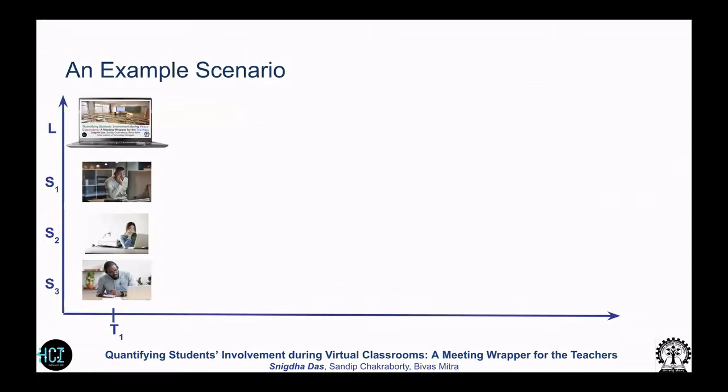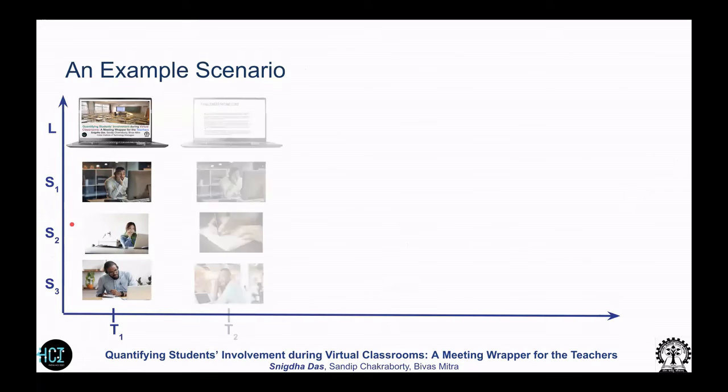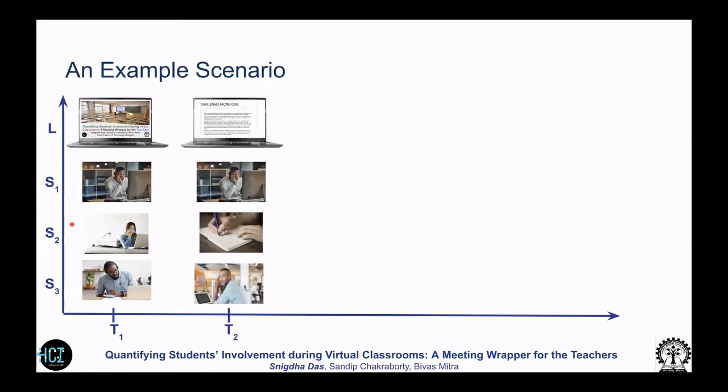So now look at the example here. We have three students initially, all are looking at the screen. Now at the second instance, the first student is looking at the screen, whereas the other two are not.